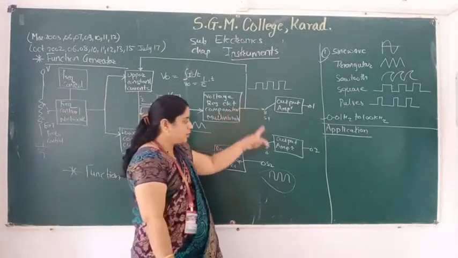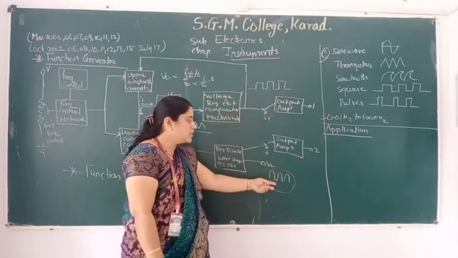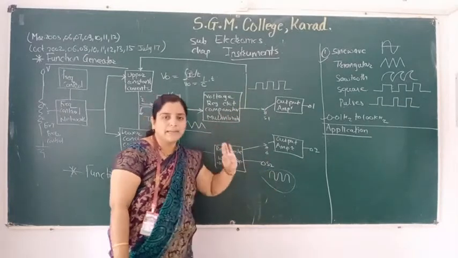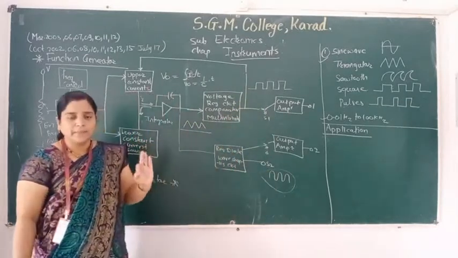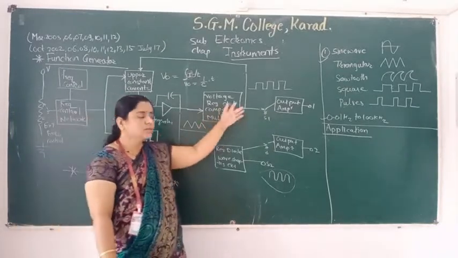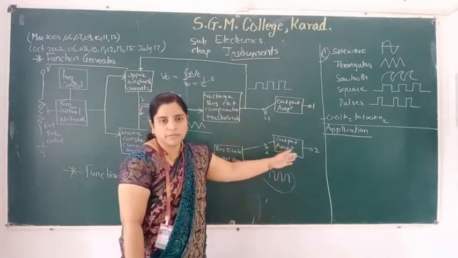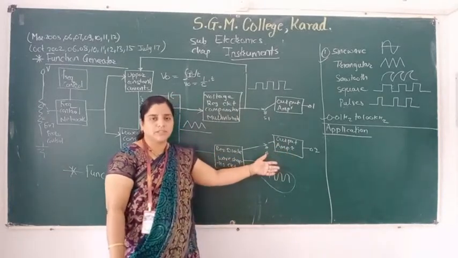That is the output of our function generator, isn't it? We get a square wave here and a sine wave here at the same time. So observing two waves simultaneously is the third application of this function generator.